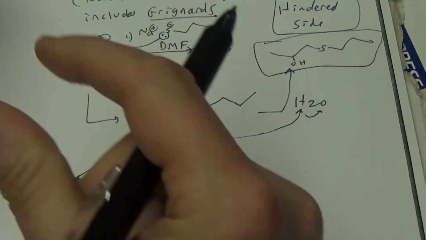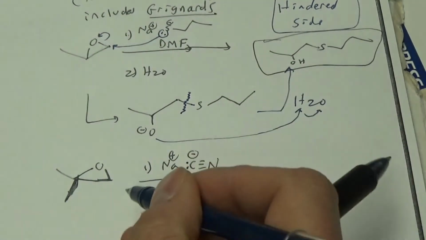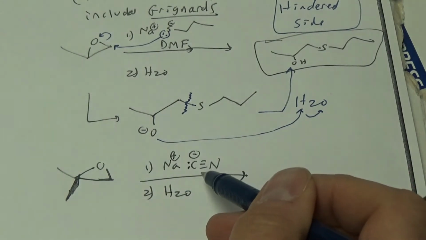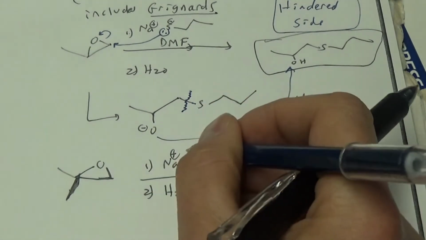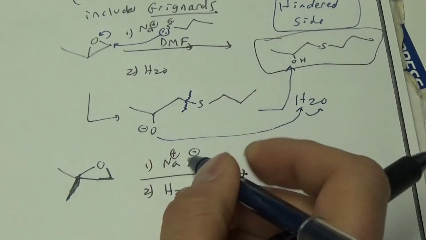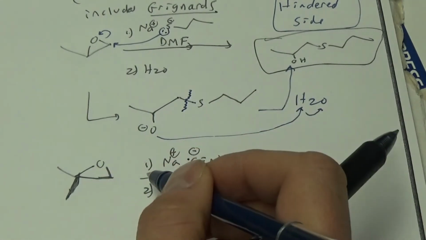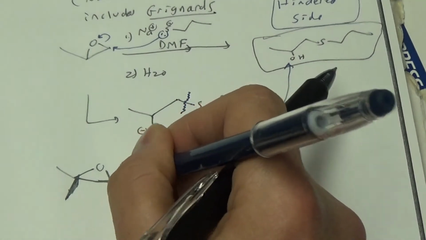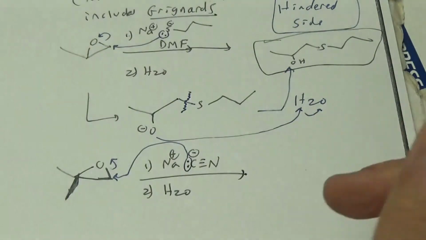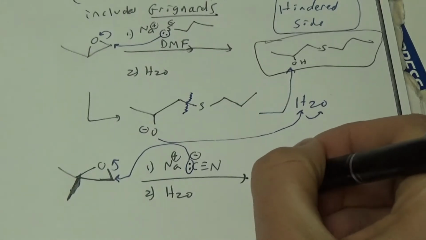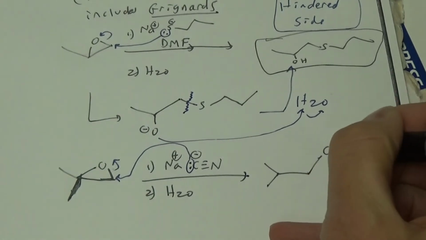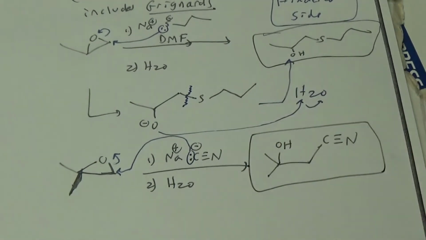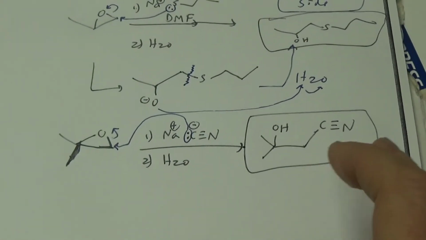So it's going to be SN2-like, and even though this is tertiary, that's all irrelevant. Non-acidic will always be SN2-like. So, is it going to tackle the left or the right? It's going to tackle the right.